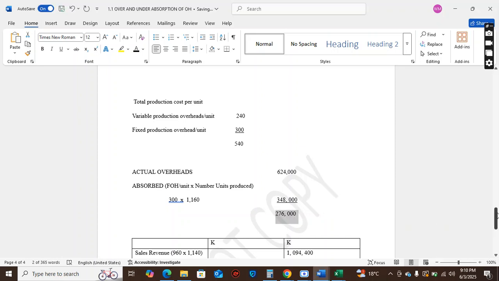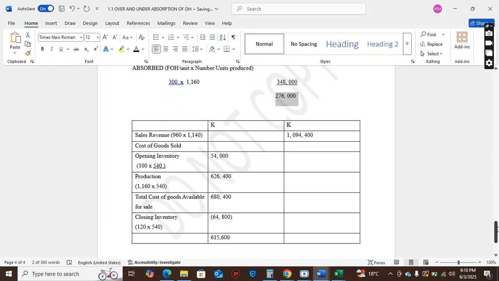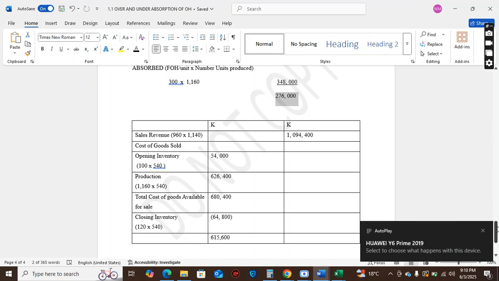So when it comes to cost of sales, are we going to add the under absorbed overheads, or subtract them? Let me put it into perspective. When we under absorbed, we've undercharged.